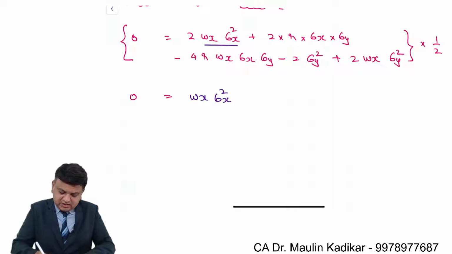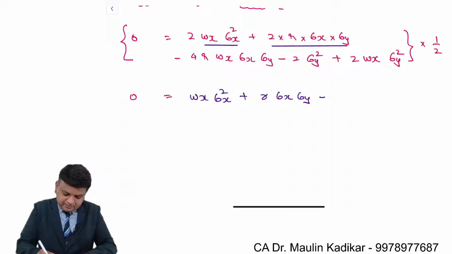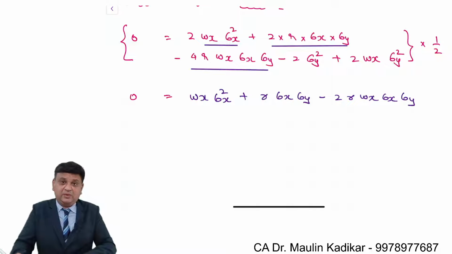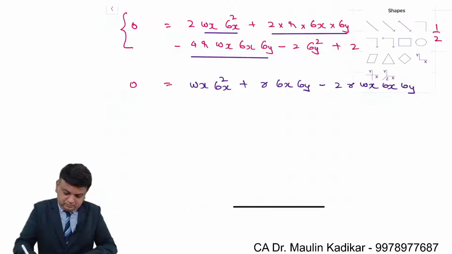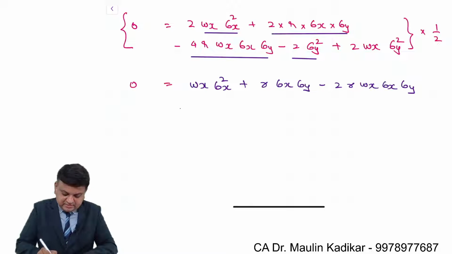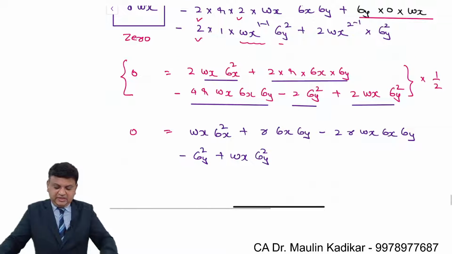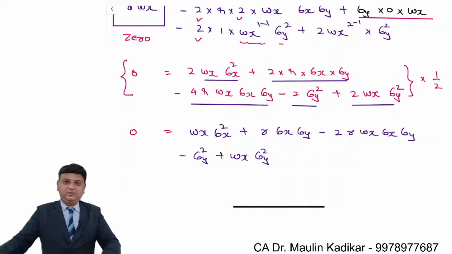Then we understand that this will become r into standard deviation x standard deviation y, minus this will be 2 into r into wx into sigma x into sigma y. This is minus variance y. This is plus wx variance y. In a way that the entire equation is multiplied with 1 by 2.